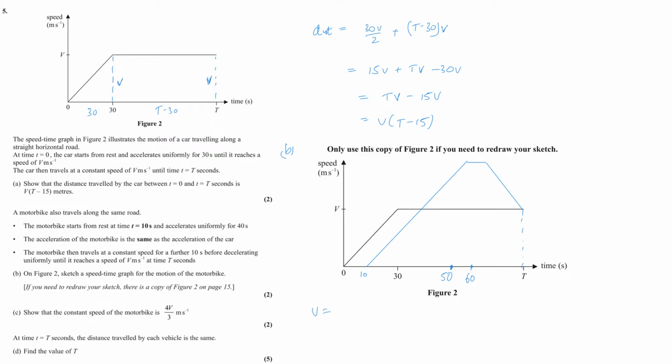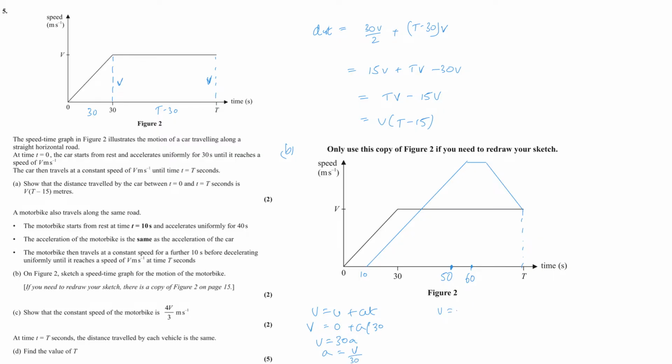So if I think of v equals u plus at, for the car, u is 0 plus a, and t is 30. So v equals 30a, or a equals v over 30.